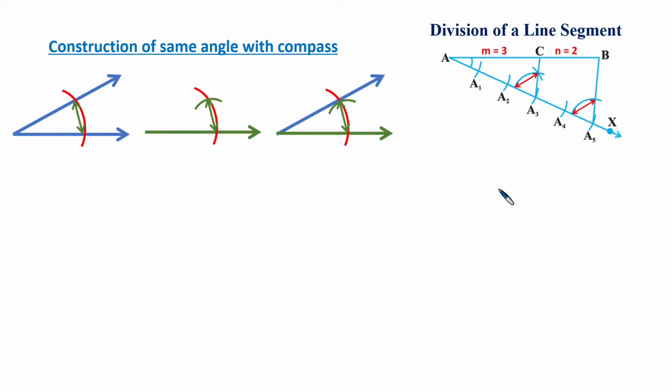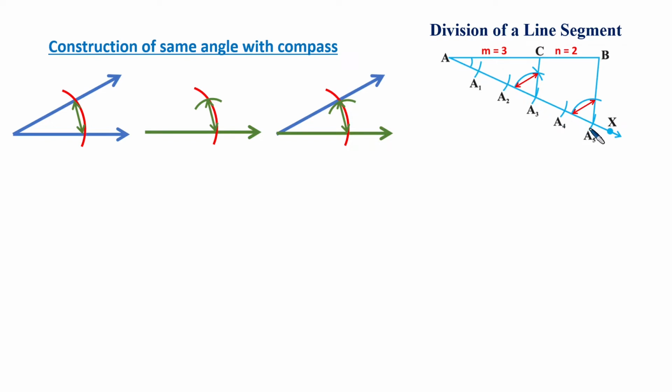And division of a line segment. Suppose you have this line here and you want to divide this AB in the ratio of 3:2. So how do you go about doing it? You draw one straight line here, and take a compass, and take any distance, it is immaterial, you draw an arc, but this distance has to be the same as A1, A2.